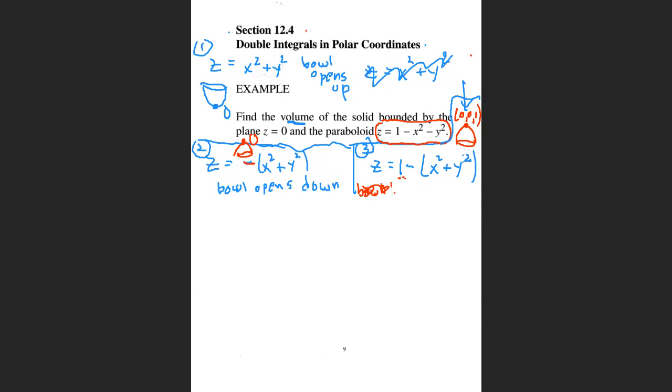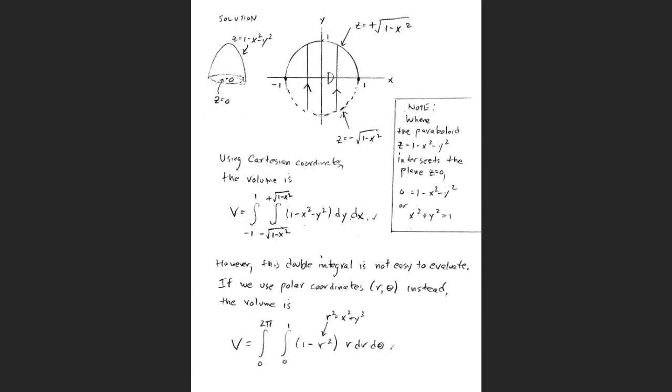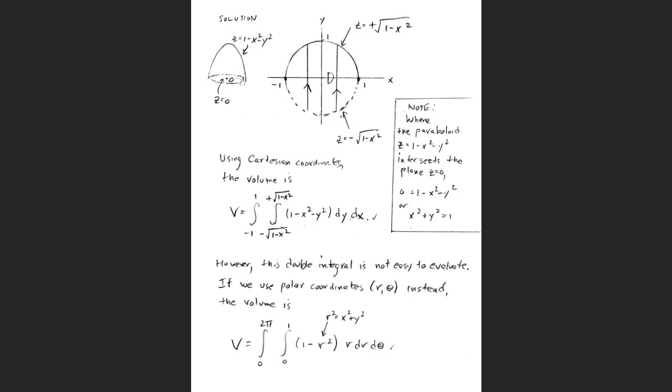Okay, if I go to the next page here, here's a little detail. Let me give you a moment to copy. What I'm doing is I'm drawing the bowl, the downward bowl, the paraboloid, and then region D, and I'm first writing the volume of this solid with Cartesian coordinates.